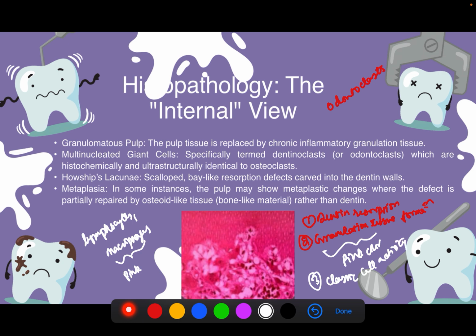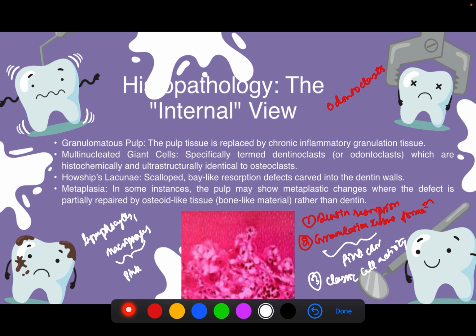Multinucleated odontoclast-like cells attach to the dentine surface and actively reabsorb the mineralized tissue. They form the reabsorption base and irregular dentine destruction zones.